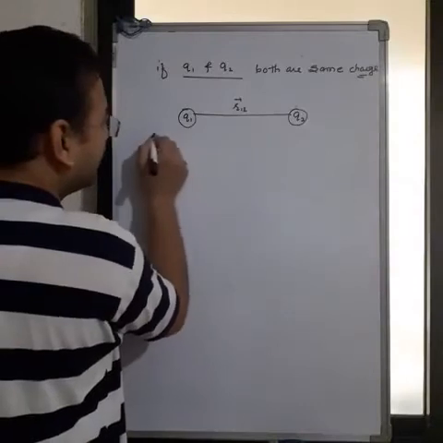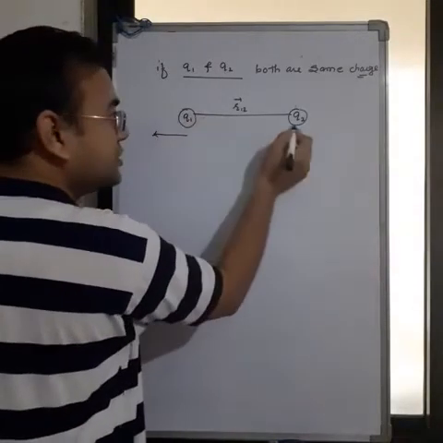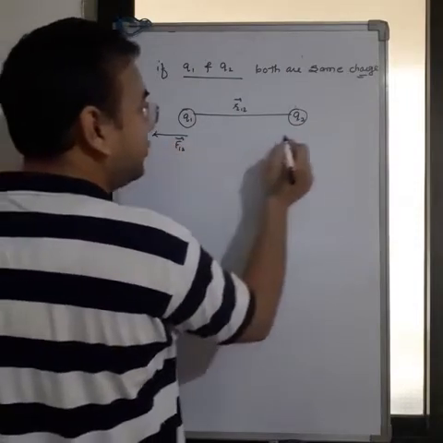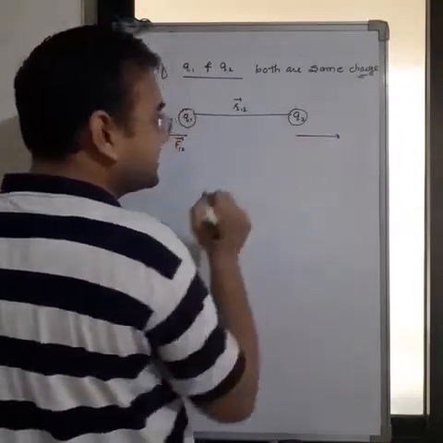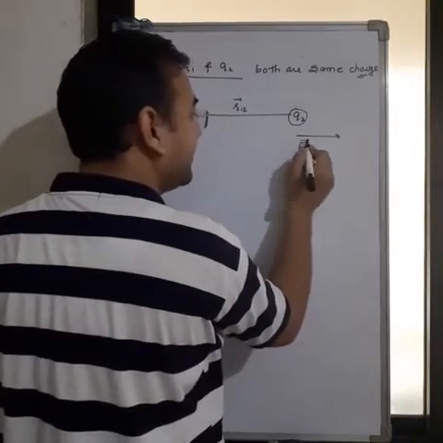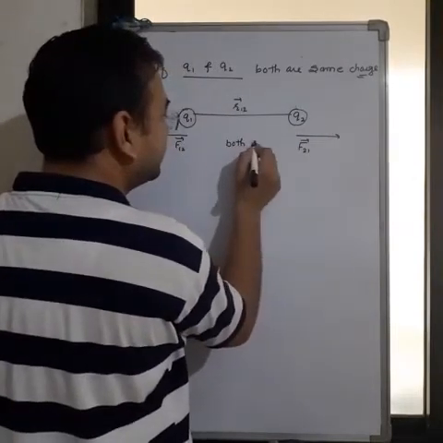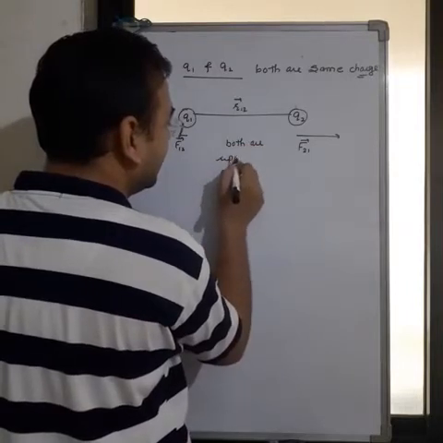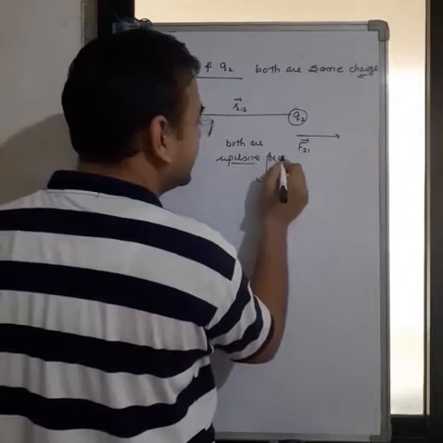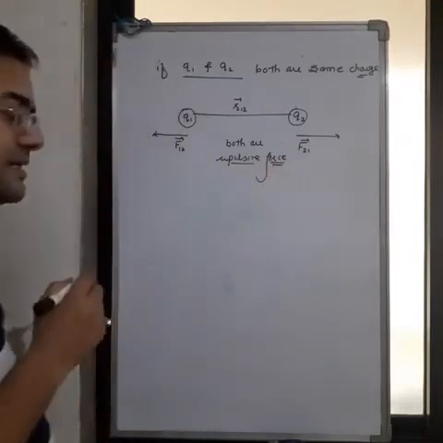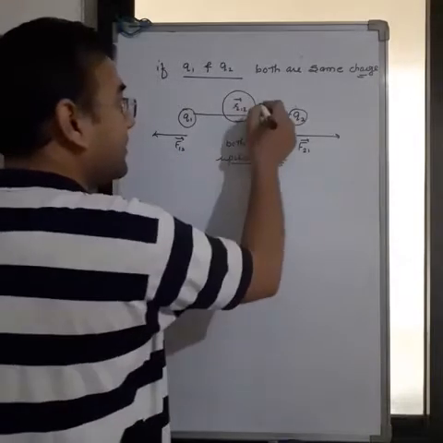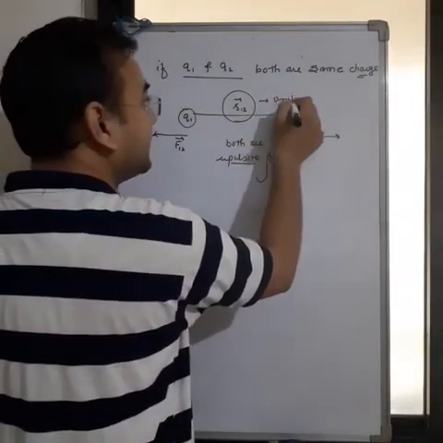Here the force exerted on the Q1 charge due to the Q2 charge is F12. Here the force exerted on the Q2 charge due to the Q1 charge is F21. Both are repulsive forces.